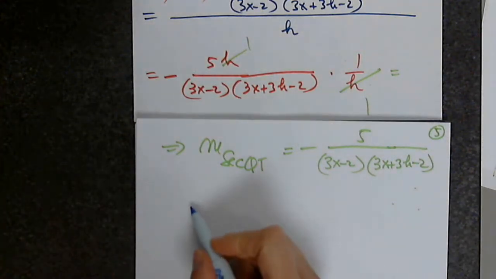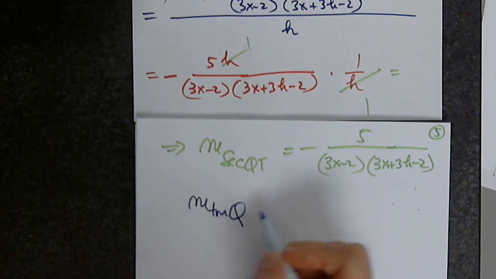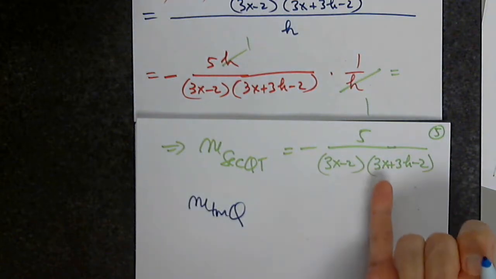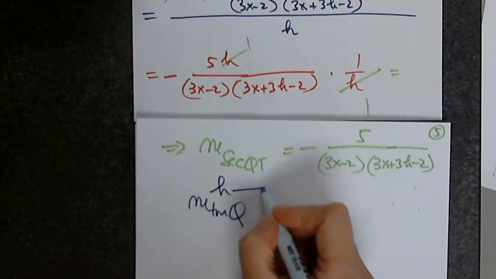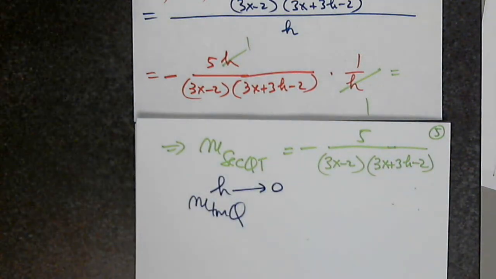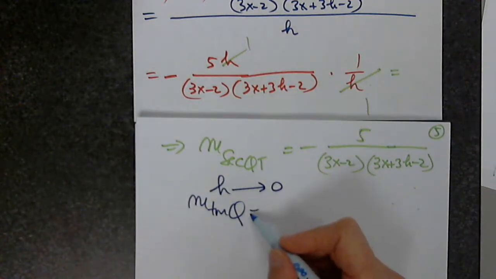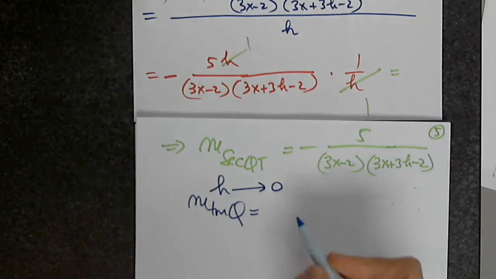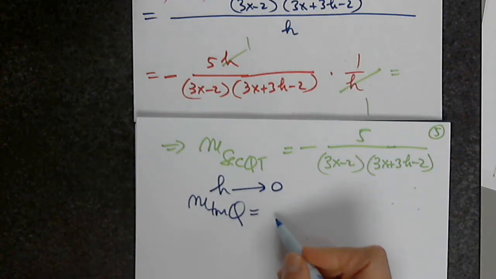So I'm asked now to find the slope of the tangent line at Q, and I know that that will come from here as long as h approaches 0. So what is the slope of the tangent line at Q for this particular function? What do you think?